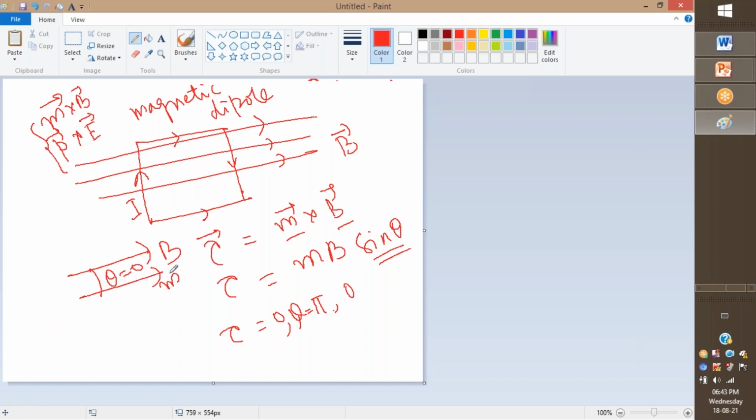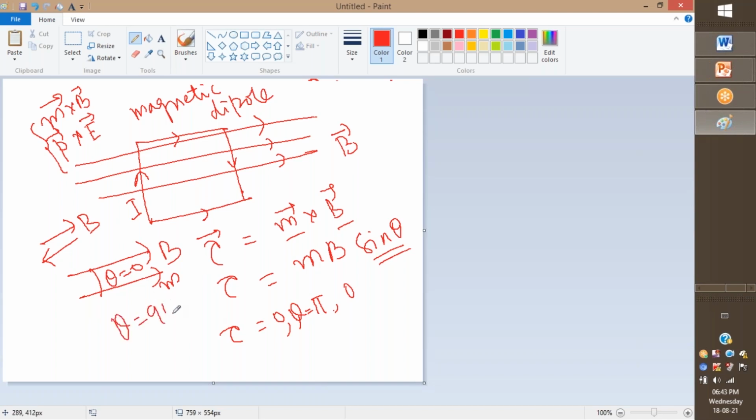Theta is 0, so this is one condition when torque is 0. If the magnetic field is this way and the magnetic moment is the opposite way, then theta is pi, and that also gives you torque 0.